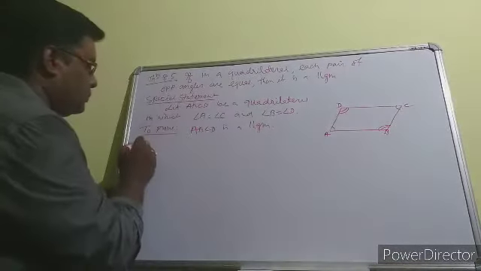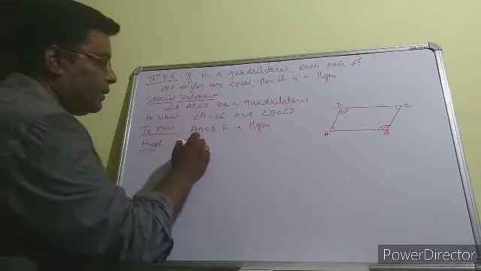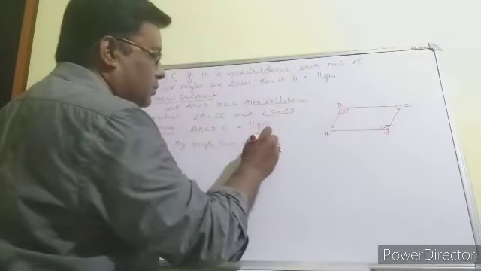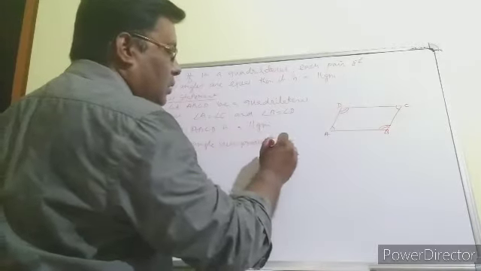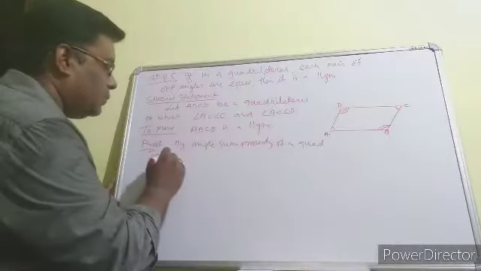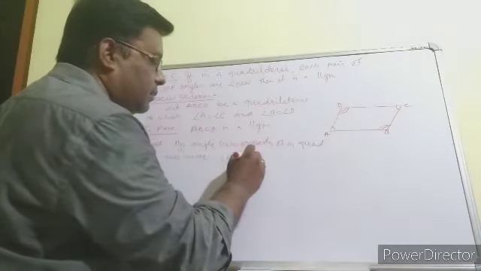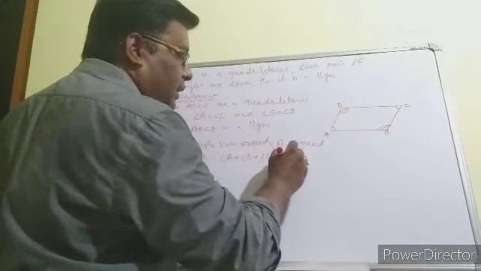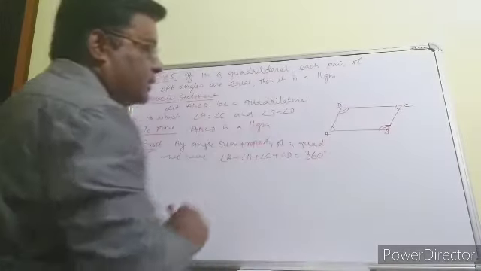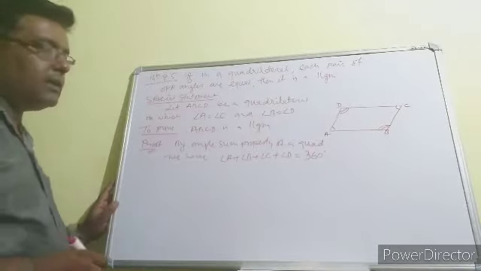So we will use this theorem here. Write proof: by angle sum property of a quadrilateral, we have angle A plus angle B plus angle C plus angle D is equal to 360 degrees.